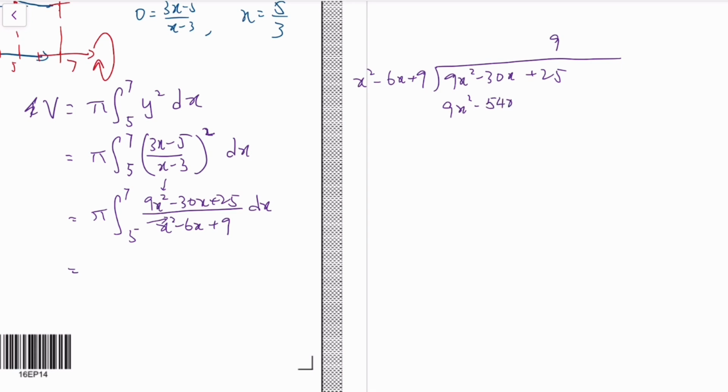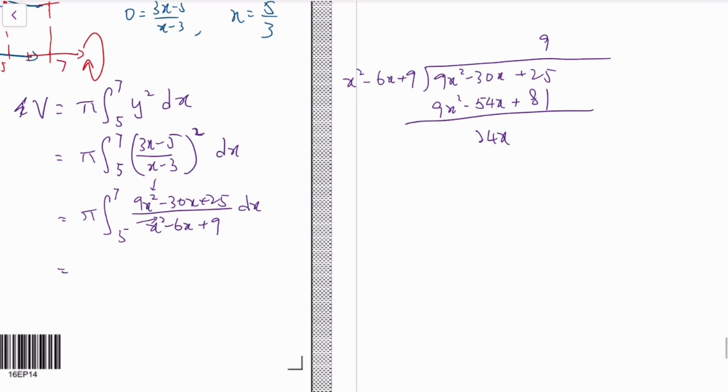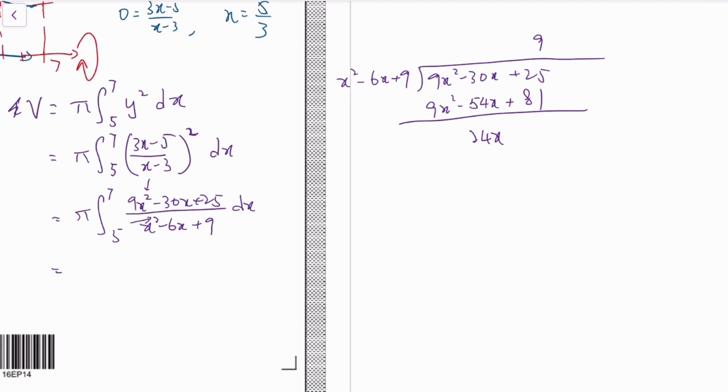54 plus 81. They are testing my mental math. Again, I hope I don't make a mental math mistake. That will be embarrassing. 25 minus 81, so it's minus 56, I think.